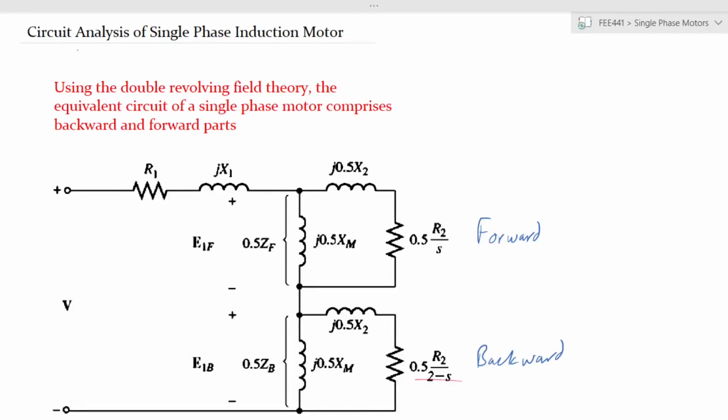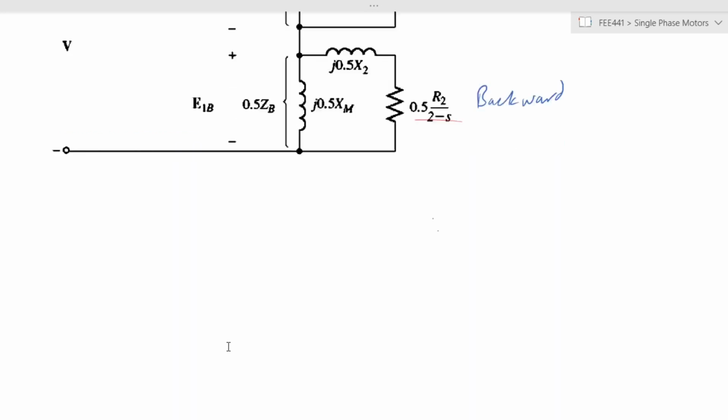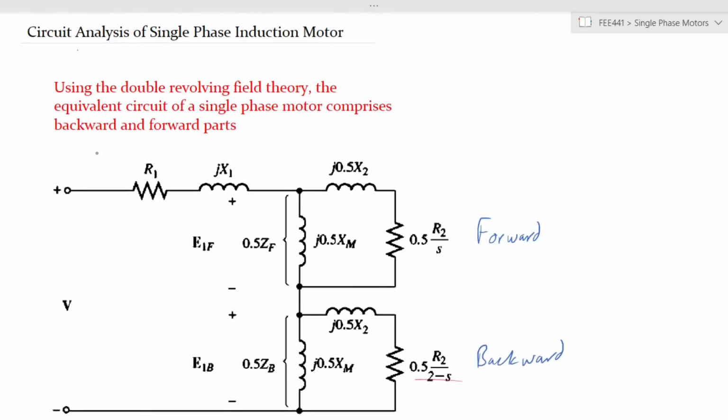Now let's look at the equivalent circuit of the single phase induction motor. Using the double revolving field theory, we end up with the circuit that is shown as indicated. So what this means is you have the forward and backward parts of the circuit of the rotor being represented by two different arms of the rotor.